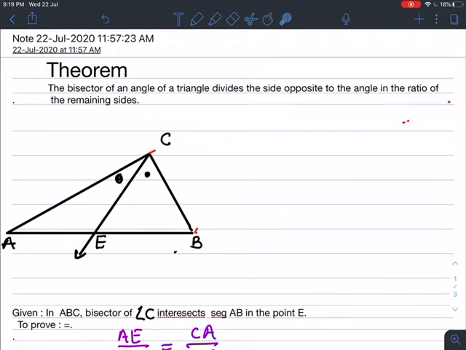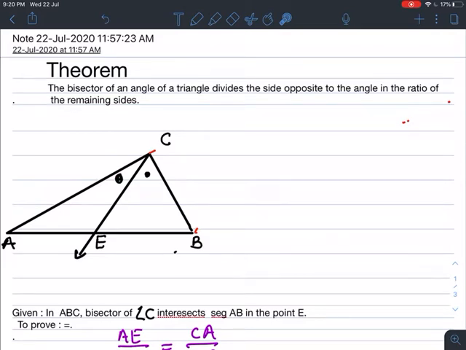It divides the opposite side in the ratio of the remaining sides. The ratio of these two parts is equal to the ratio of the remaining two sides of this triangle. The remaining two sides are AC and CB.